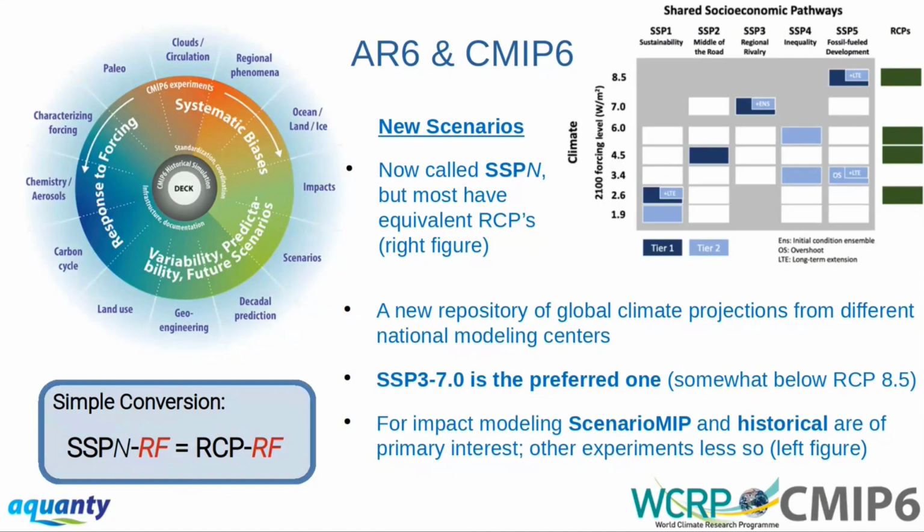So an SSP 5-8.5 is essentially the same scenario as RCP 8.5, although I think it actually turns out to be a little bit more aggressive, but yeah. A scenario that is now often recommended for impact analysis if you cannot afford to run multiple scenarios is the SSP 3-7. So that's, it's not the worst case scenario, but it's a relatively high impact scenario.